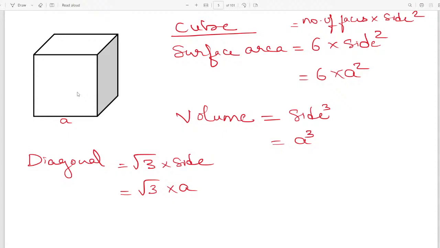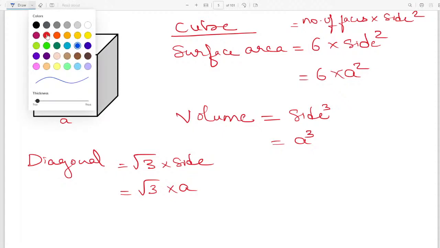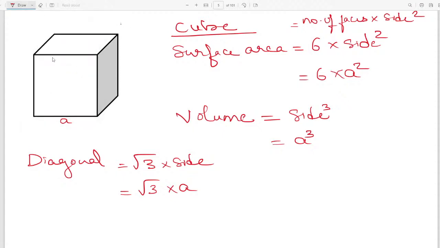So this is a cube. A cube is a solid three-dimensional figure with all the sides equal and all the angles also equal between the faces.